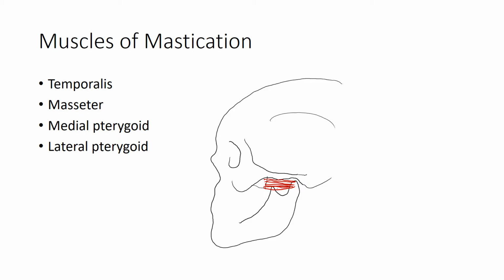And when it contracts, it brings the condyle forward, and because there is an articular eminence, it will actually bring the condyle forward, sliding down the articular eminence and opening the jaw. So that's why the lateral pterygoid muscle is the one main muscle of mastication that opens the jaw.